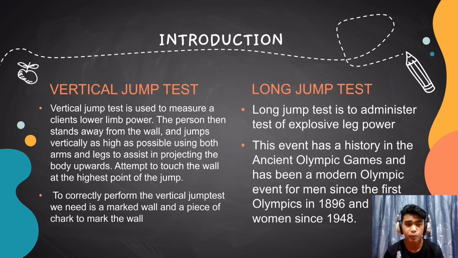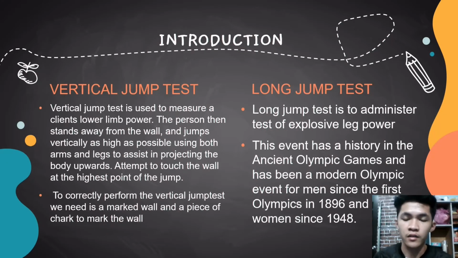Okay, I hope you understand about the vertical jump test. Also, it's a common and easy to administer test of our explosive leg power, because this is the purpose of this test, that we try to measure the power of our legs.